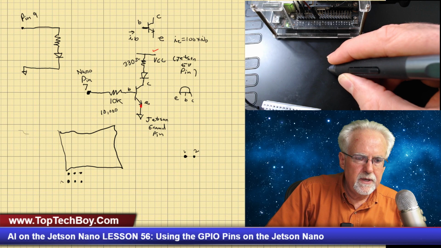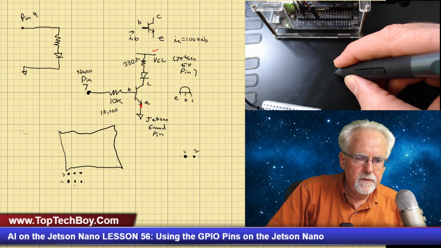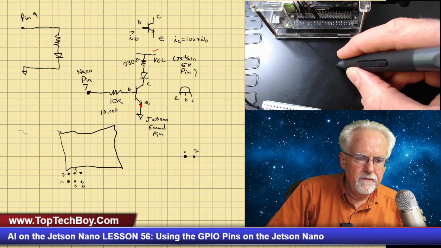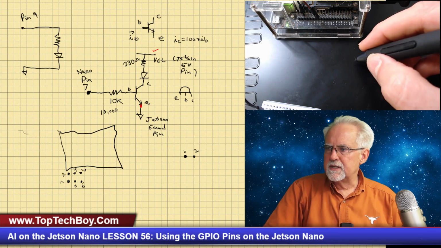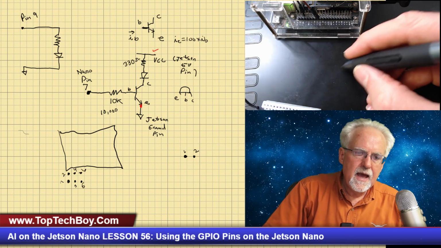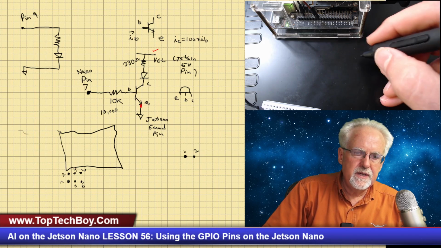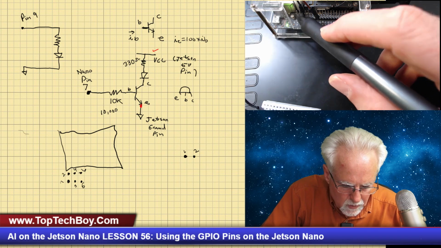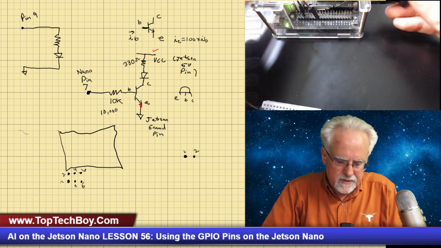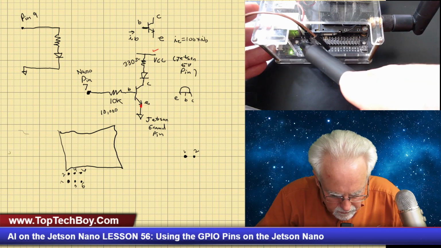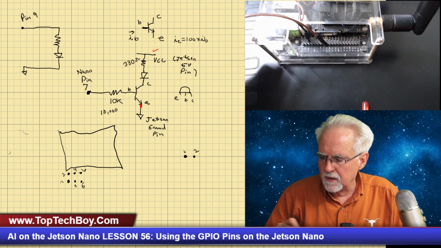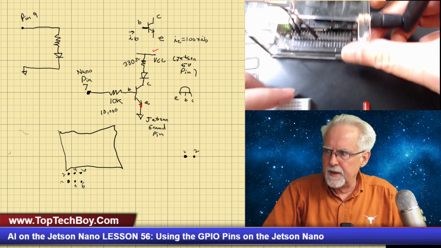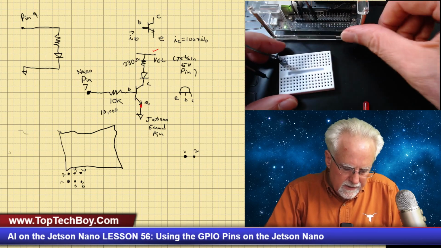So you can see that the outside pins are the odd ones, the inside pins are the even ones, and it actually has pin 1 labeled and pin 2 labeled. So it kind of gets you started in your counting. All right, I hope that makes sense. So let's come back over here.